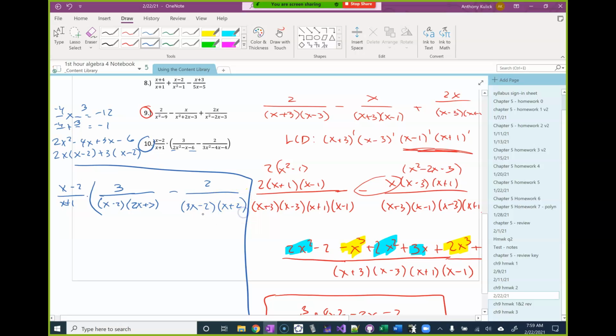Is that right? Let's look real quick. Oh, plus 2 and minus 2. That's going to be it. Double check that real quick. So that's negative 6. That's positive 2. Yeah. Okay. So there we go.